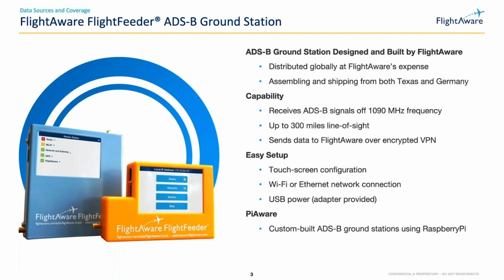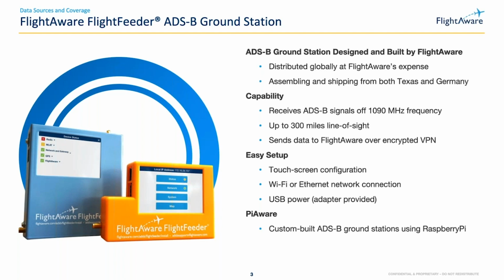And for aviation enthusiasts that want to build their own ground station, they can do so using a Raspberry Pi, which can be bought on Amazon for about $80. Because some of the audience here may be operating on 978 megahertz frequencies, I do want to note that we do have ADS-B 978 UAT coverage in the US.